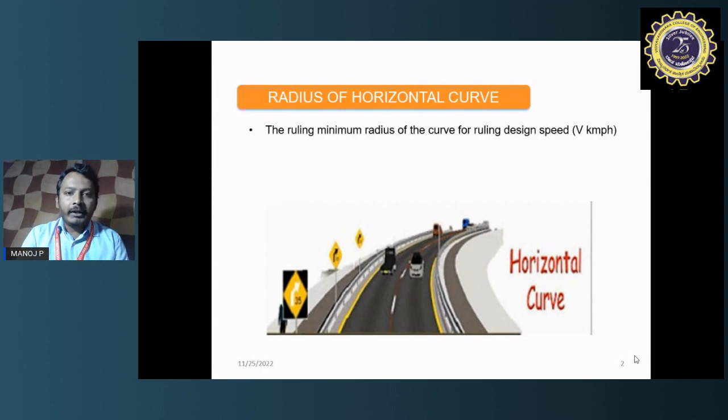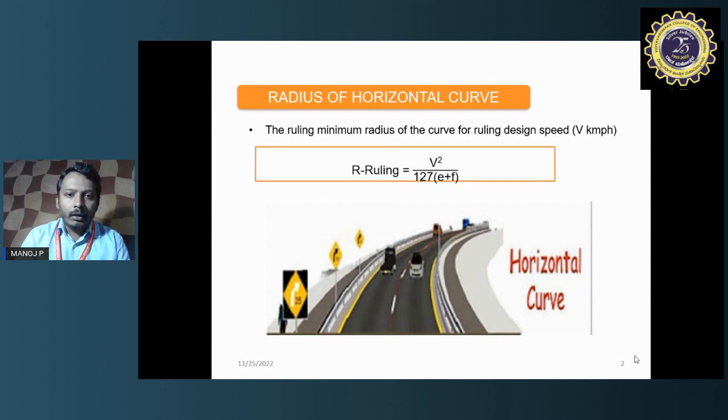The ruling minimum radius of the horizontal curve for a rolling design speed is designated by the capital V, and it can be expressed in terms of kilometer per hour. Normally, it is expressed in terms of kilometer per hour. R rolling means rolling radius.